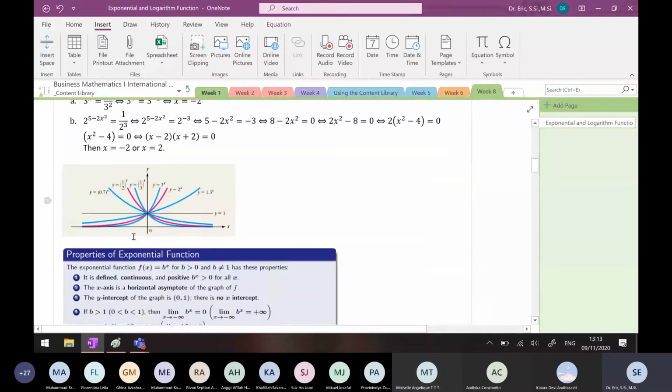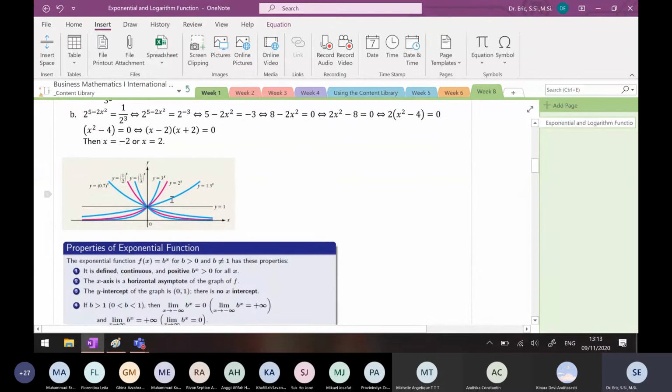Okay, this is the graph for y equals 3 to the power of x. This is the blue one here. Okay, y equals 2 to the x, this one. Y equals 1.3 to the x, this one, and 1 to the x is just the constant 1.